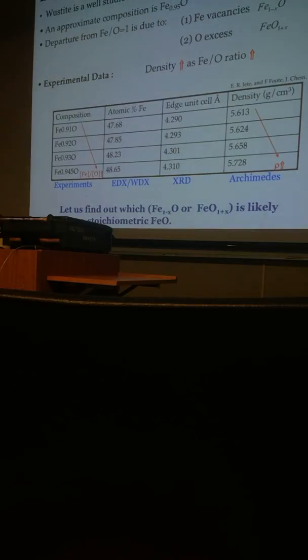So how do we answer these questions? You can use one of the compounds in the next figures. This is the same chart that you see here, and I'm going to use the last one. For this last compound, the iron to oxygen ratio was 0.945. The lattice constant is determined by X-ray diffraction, and the density is determined to be 5.728.